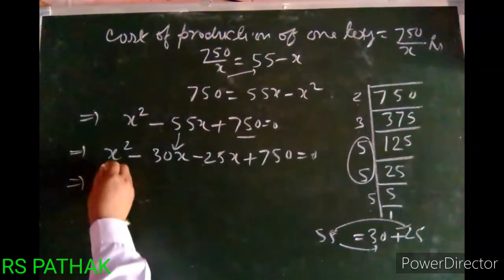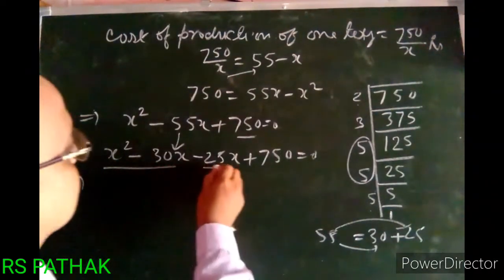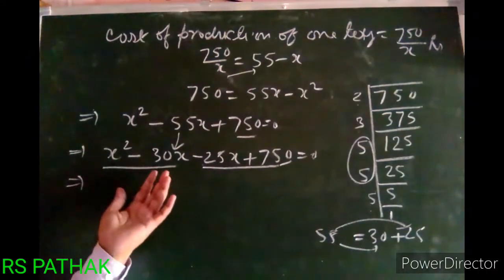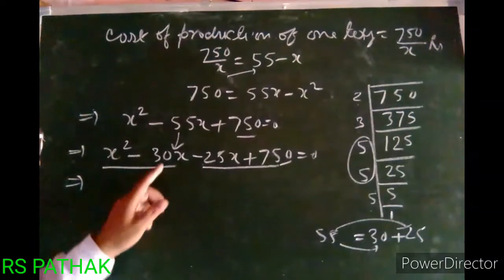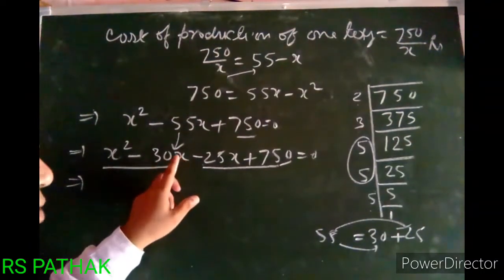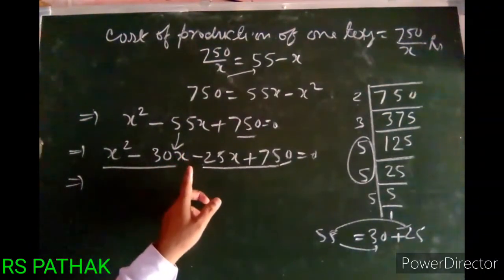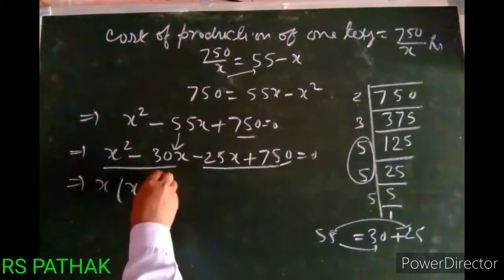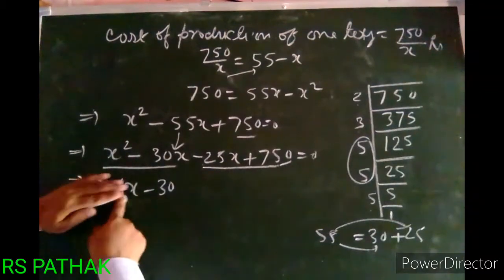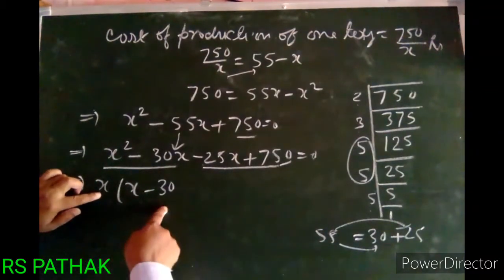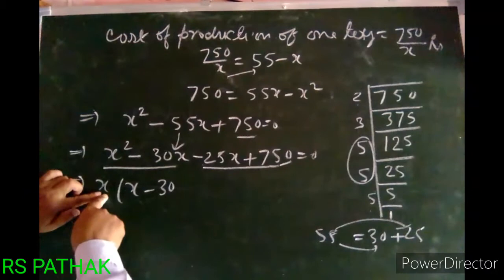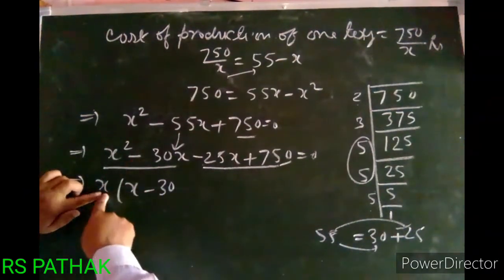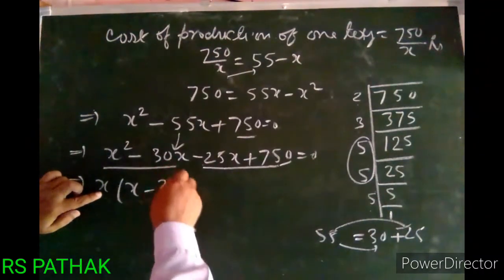Now this is one group, this is another group. From one group, I will take x common, because the minimum power of x is 1. After taking common, I will make a bracket: x minus 30. x square divided by x leaves x, minus sign, x divided by x, 30 will remain, bracket closed.